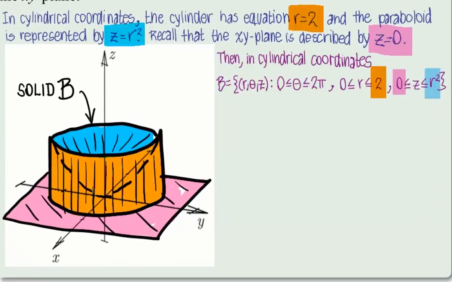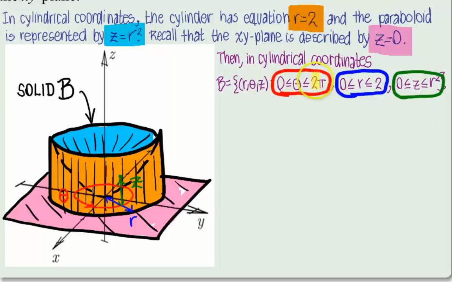Once we have that, we express the solid in cylindrical coordinates. The first thing that I want you to notice is the bounds of the variables, and let me just tell you why. Theta goes from 0 to 2 pi because you are moving all the way around. r goes from 0 to 2 because you are taking everything that is between the z-axis and the cylinder that has radius 2.